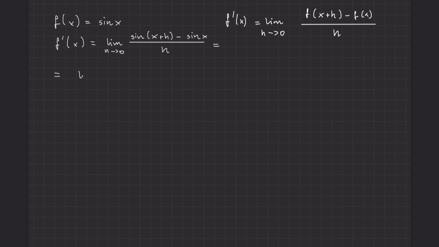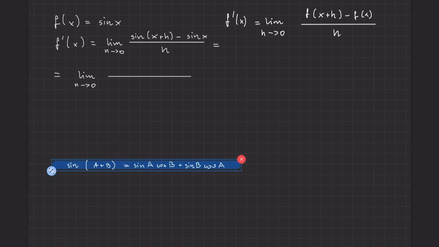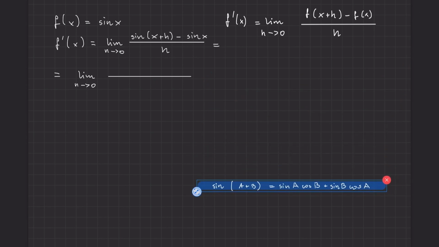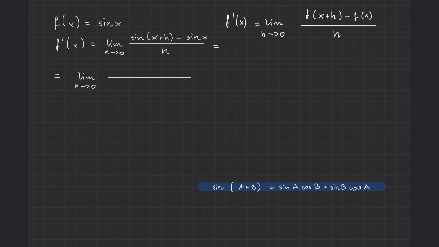Okay, so this is h to 0, and now we will have to use another principle that I have prepared here. We have this formula, and we can use it to calculate the sine of a sum of two numbers, and it will help us to calculate the limit.